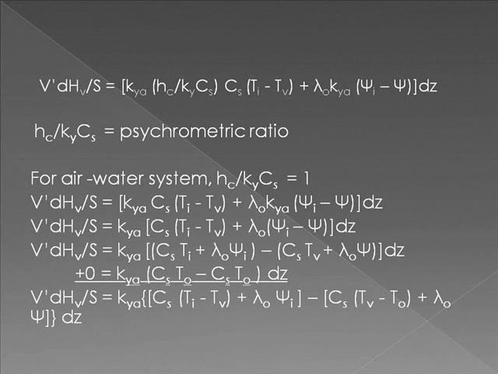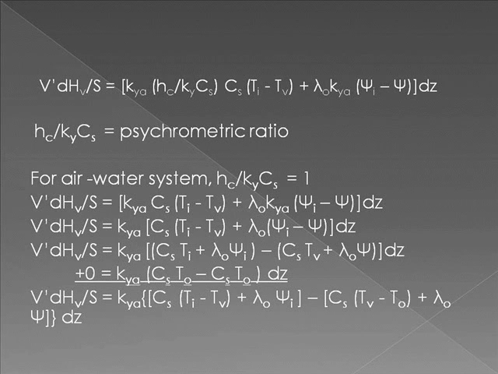So the equation is now V prime dHV over S is equal to kY a hC over kY Cs multiplied to Cs (Ti minus TV) plus lambda naught kY a (ψI minus ψ) dZ. Here, hC over kY Cs is the psychrometric ratio, and for an air-water system, the psychrometric ratio is equal to 1.